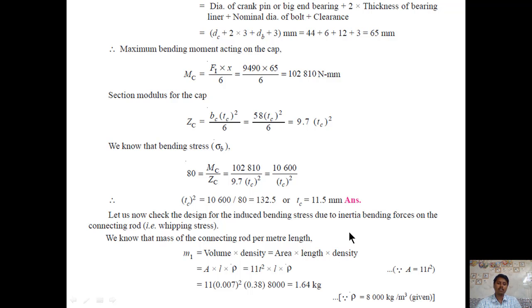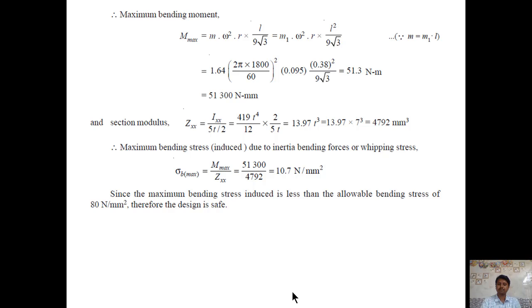So, now for finding the whipping stress, let us calculate the mass of the connecting rod per meter length. So, M1 equal to volume into density. Volume is area into length. Already we know the area, that is 11 T square, into length, that is the equivalent length, 380 mm, and then rho density is given in the question as 8,000 kilogram per meter cube.